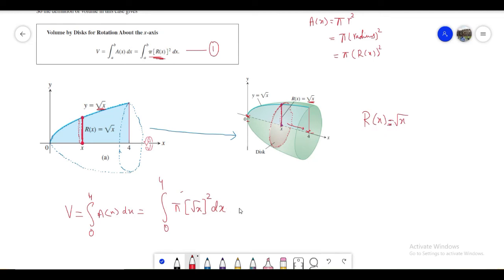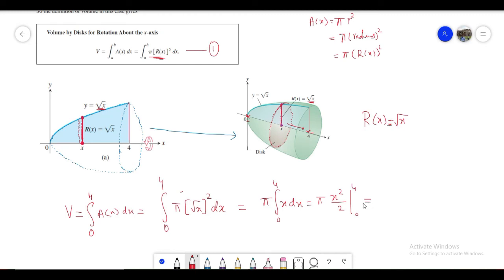Whenever we solve this, we have pi times the integral from 0 to 4 of x dx, and this simply gives us x squared over 2, from 0 to 4.